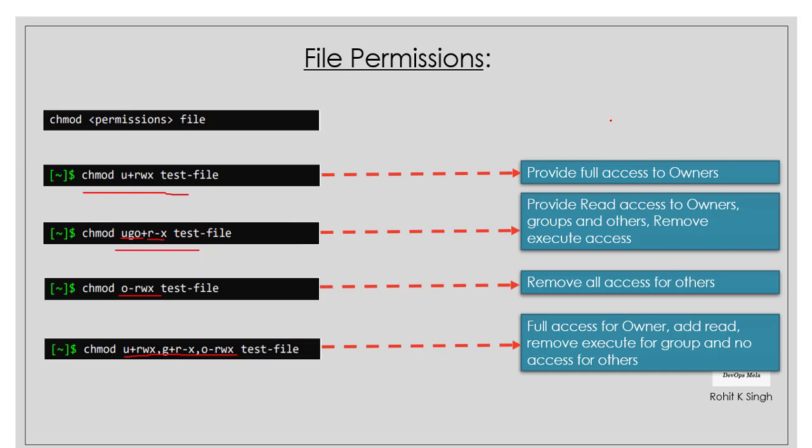At that time I'll be using chown, change ownership. Now while changing the ownership, I have changed the group also to development. Now I want to change the group also. In that case I'll be using the chgrp command.